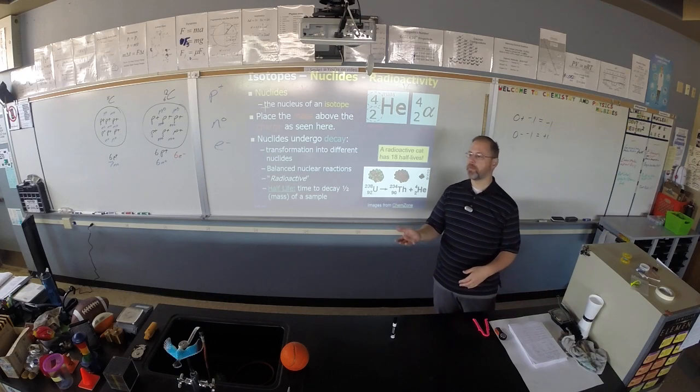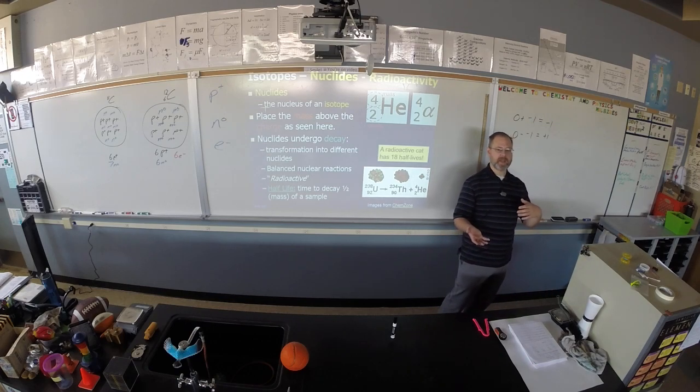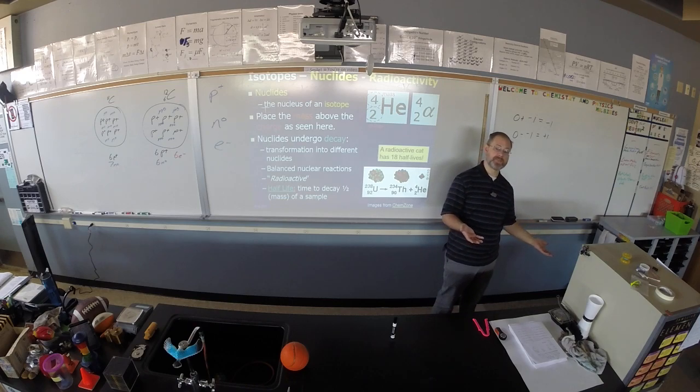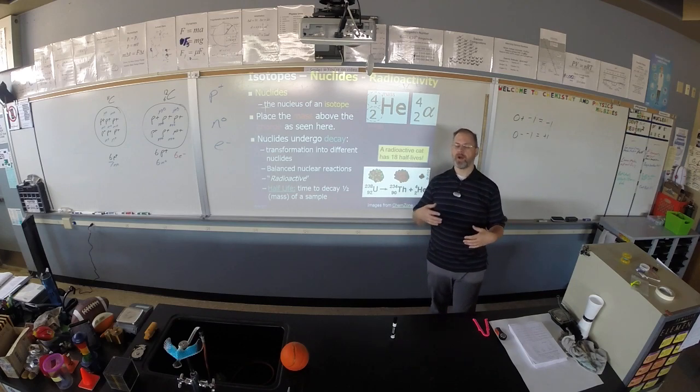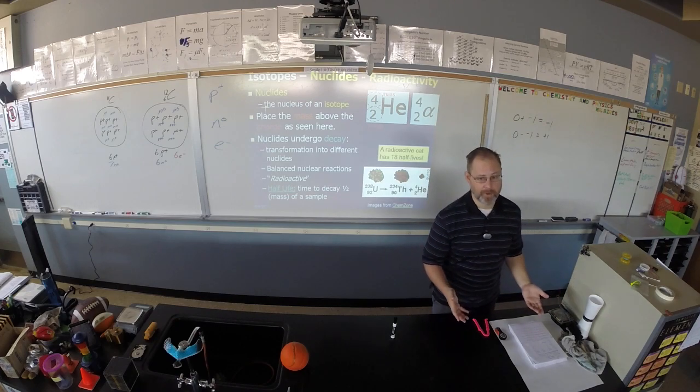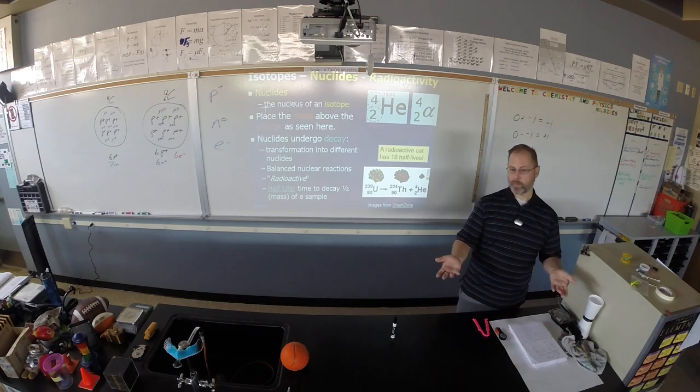If you had 100 grams of something and it took a day to become 50 grams of that stuff, the half-life is 1 day. If you had 50 grams of something and it took 2 hours to become 25 grams, the half-life would be 2 hours.